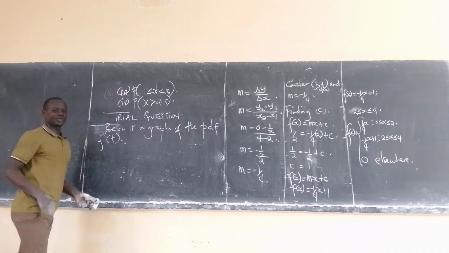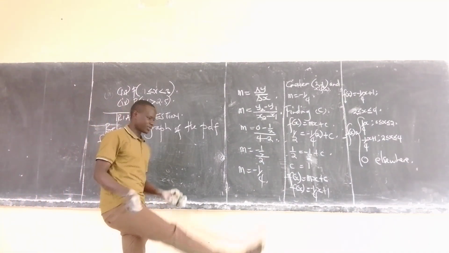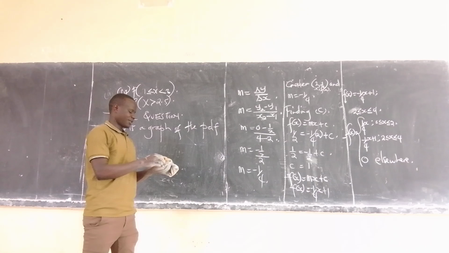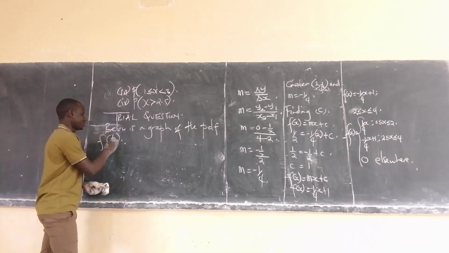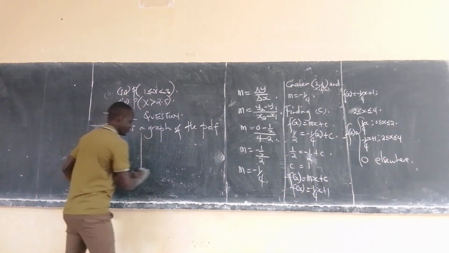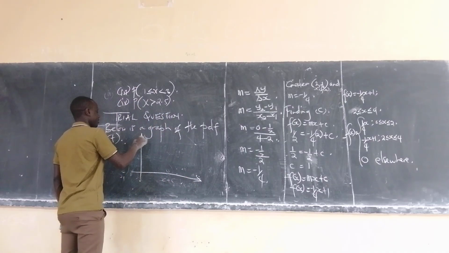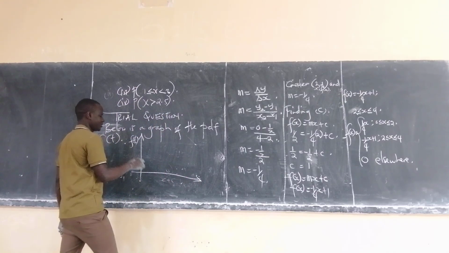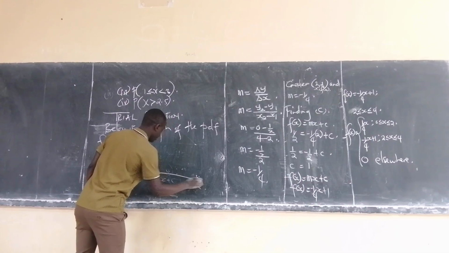You see, this time it is not about x. Most of you are used to your x's, but this time it is about the t. And this is the graph. If this is f of t, then this is t.